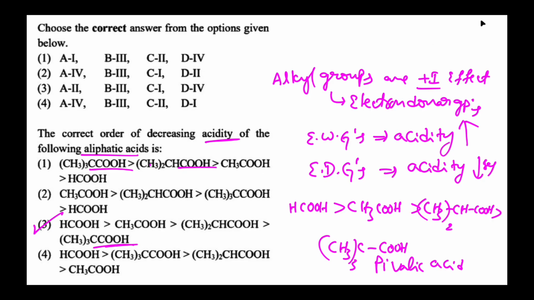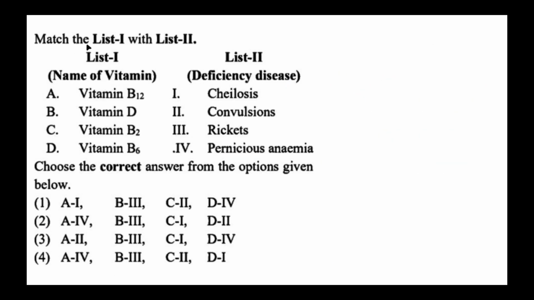The next question is, match list 1 and list 2. List 1 is name of the vitamin, and list 2 is vitamin deficiency diseases. The vitamins are vitamin B12, vitamin D, vitamin B2 and vitamin B6. We know very well vitamin B12 is cyanocobalamin.